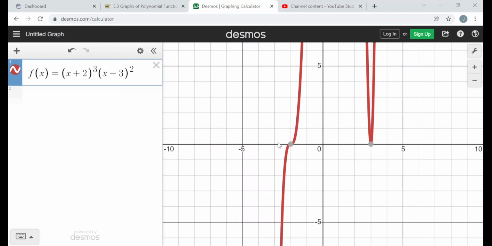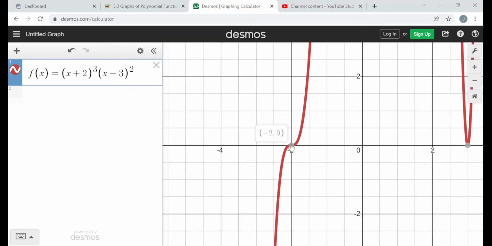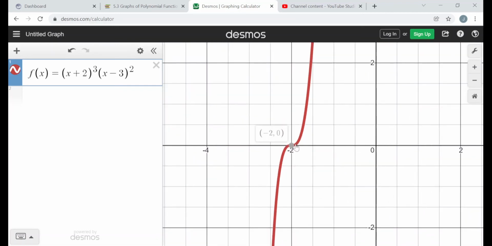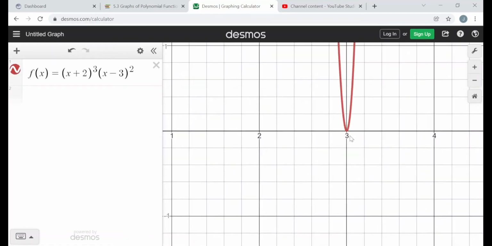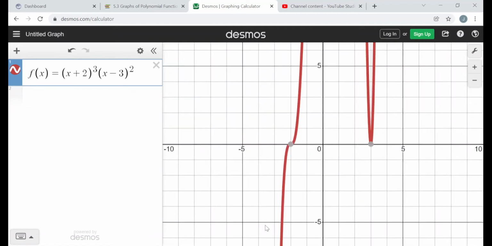Do you see it? You see how the graph crosses at negative 2, 0 like a cubic polynomial, not straight through, and then at x equals 3 it bounces off like a parabola, multiplicity 2. And the end behavior is the way I want it: down to the left, and it ends up going up to the right.